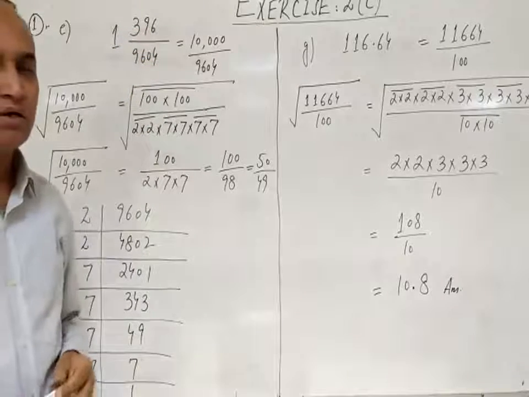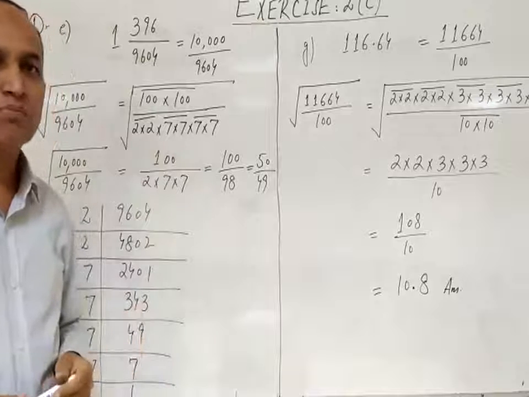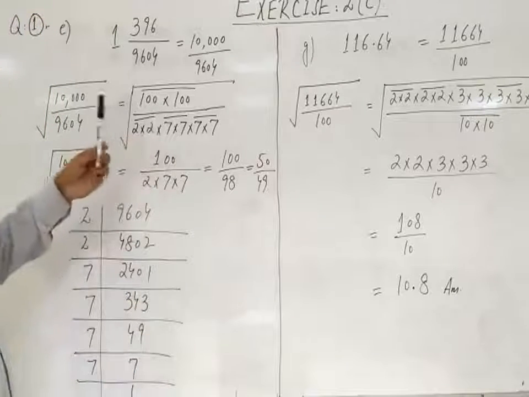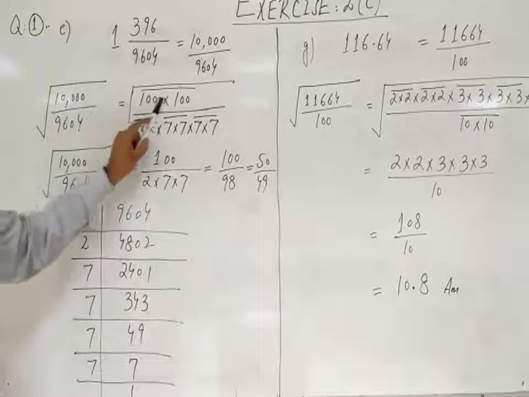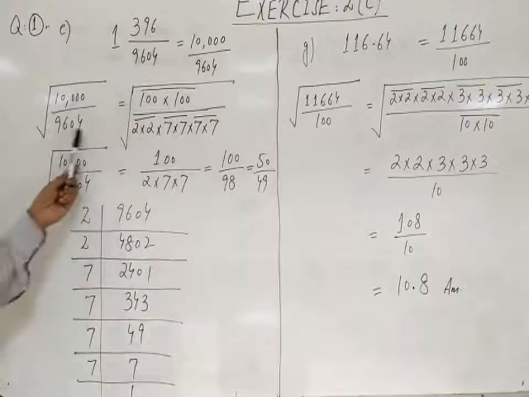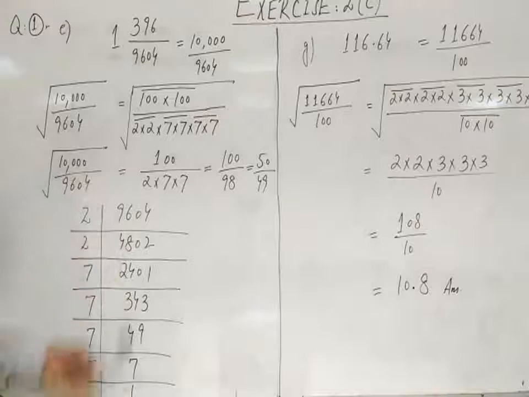We divide both the numbers into the prime factorizations. So when we factorize this number 10,000, we get 100 into 100, and when we divide this 9604 by the prime factorization, we get these numbers.